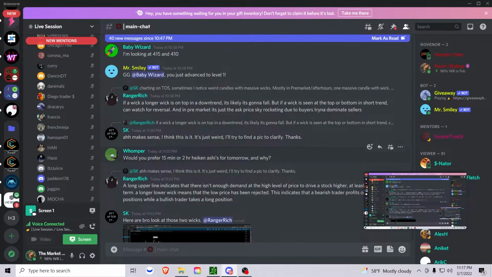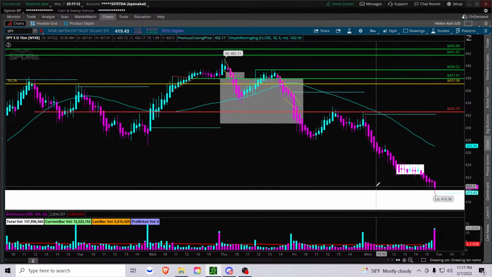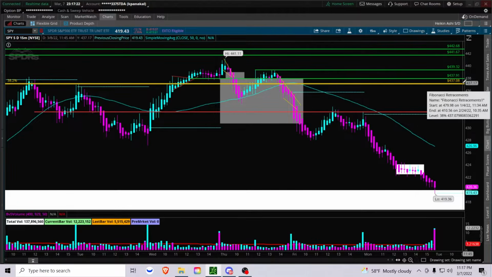Okay. Would you prefer the 15-minute or 2-hour Heiken Ashi for tomorrow, and why? As I said, I use the 2-hour, 1-hour, and 15-minute for plotting supply and demand zones, because that's what institutions use. I personally find myself using 2-hour and 15 minutes. That's just a preference. I feel like 2 hours is a little bit better than 1 hour, because 1 hour obviously has more noise than the 2 hours.